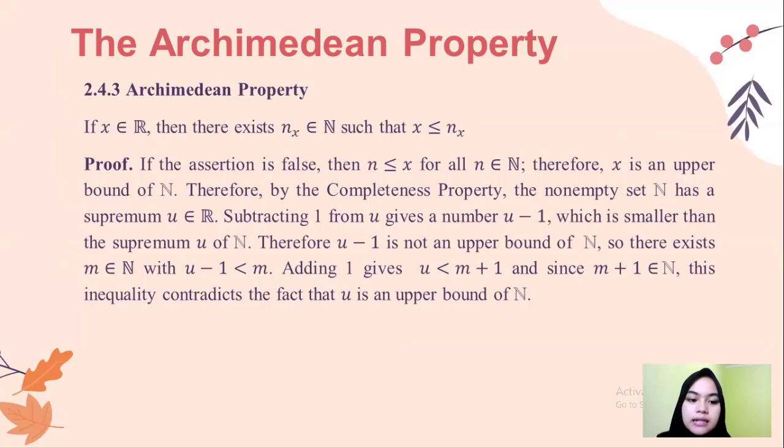So, there exists m in the natural numbers with u minus 1 less than m. Adding 1 gives u less than m plus 1, and since m plus 1 is an element of the natural numbers, this inequality contradicts the fact that u is an upper bound of N.